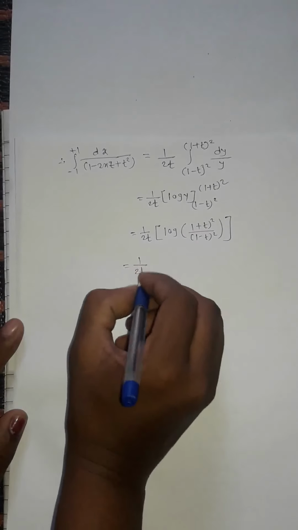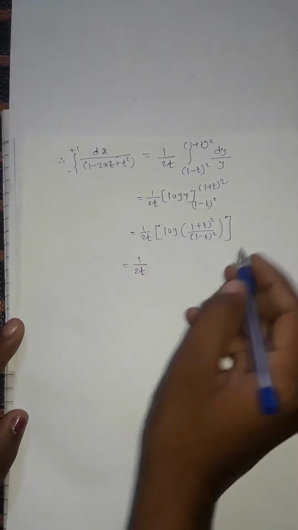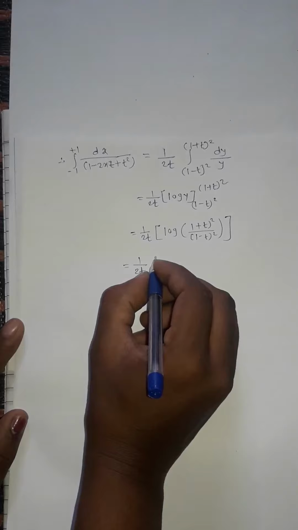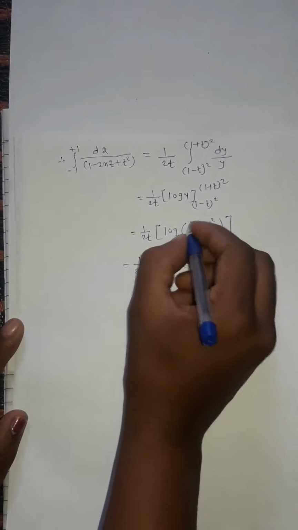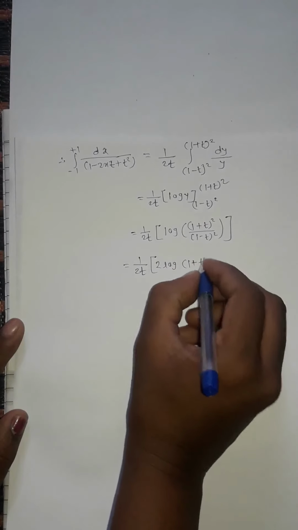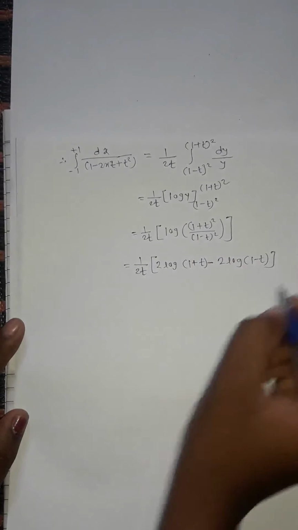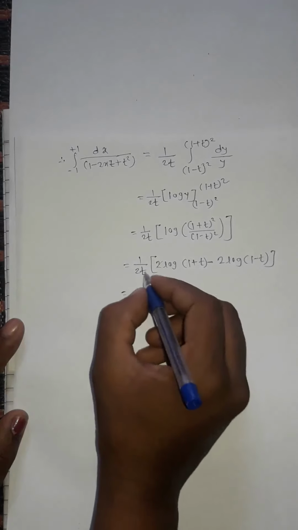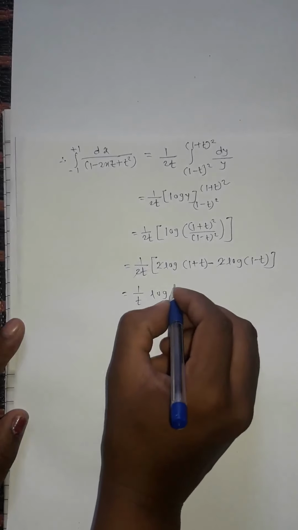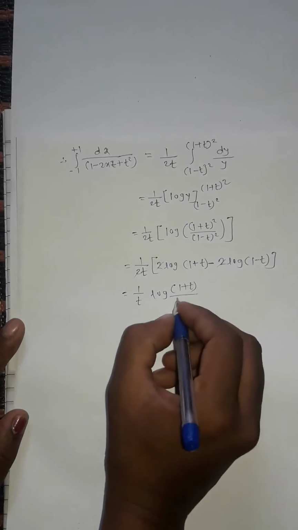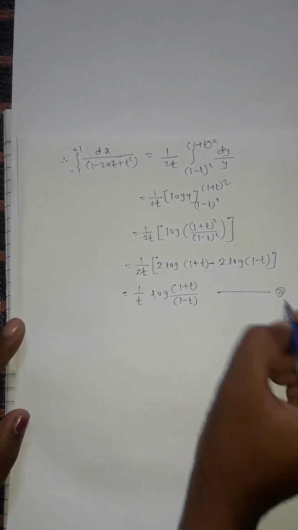We have to write this as a division, therefore there is the negative sign: 1 upon 2t into 2 log of 1 plus t minus 2 log of 1 minus t. Therefore, this 2 gets cancelled: 1 upon t into log of 1 plus t upon 1 minus t. Equation number 2.